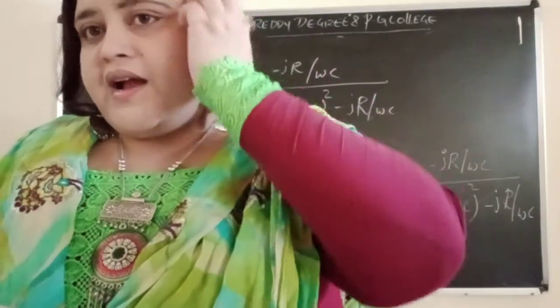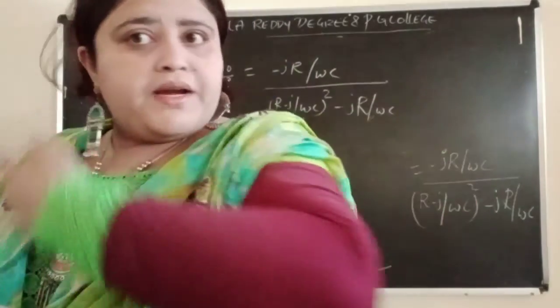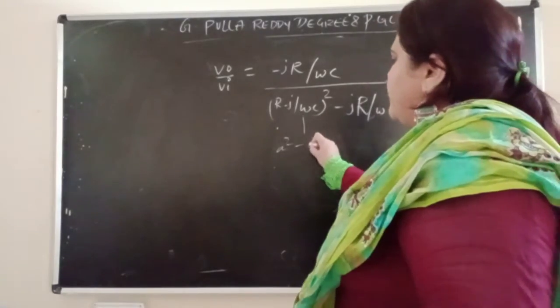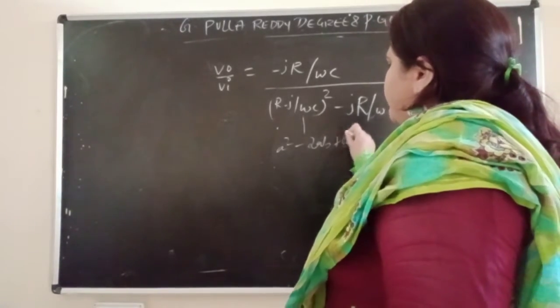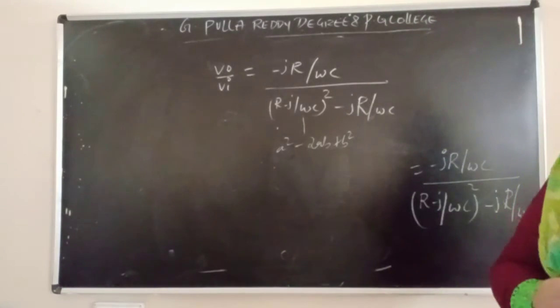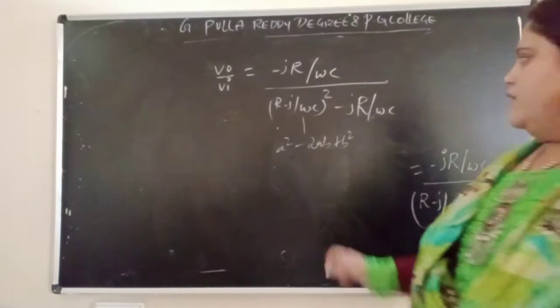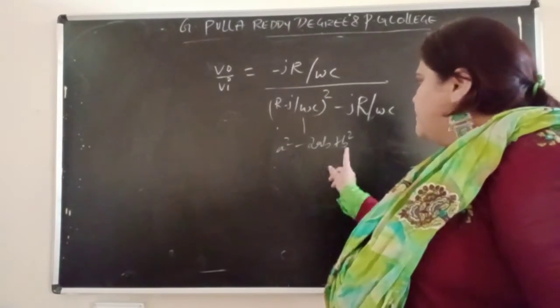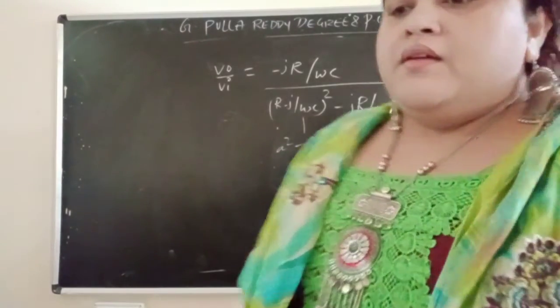Substitute the values here: what is A? R. What is B? j by omega C. Then B square.